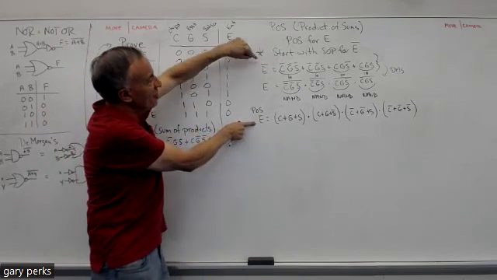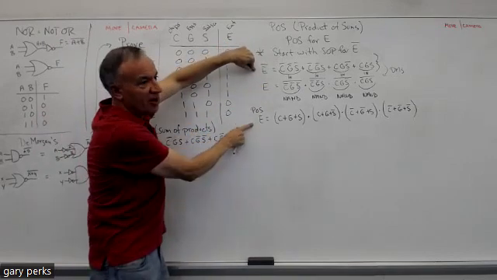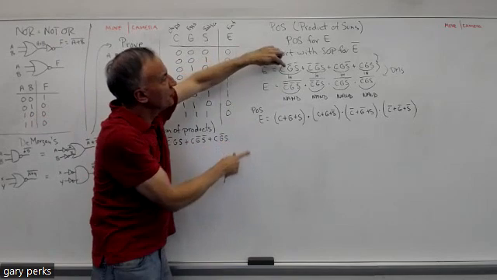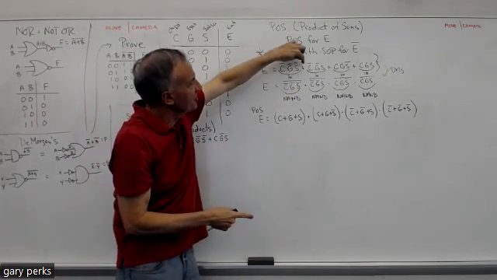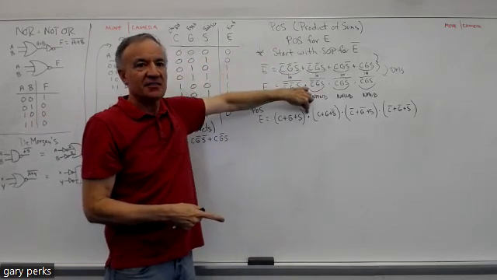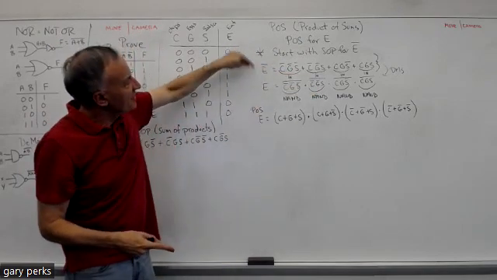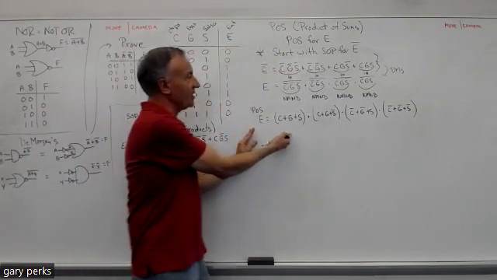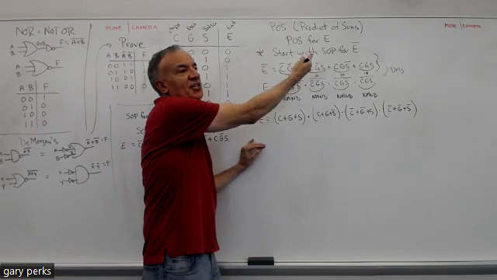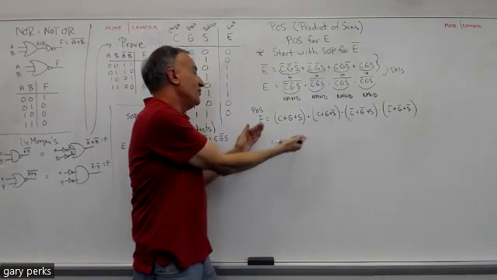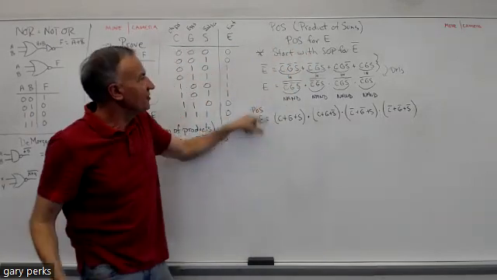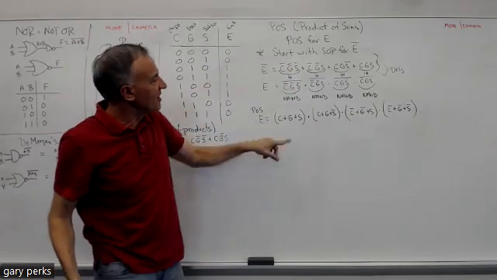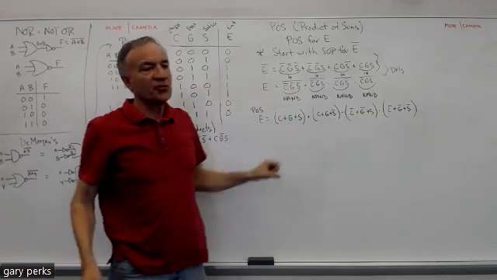Exactly. To go from here to here, we're inverting all the variables. We're changing ANDs to ORs, and we're changing ORs to ANDs, right? And it doesn't matter whether you go in this direction or that direction. We started with SOP and got POS, but if you had POS, you could go the other way. If you go the other way, it's the same thing. You invert everything, ORs to ANDs, ANDs to ORs.